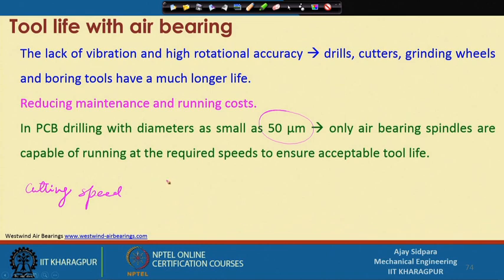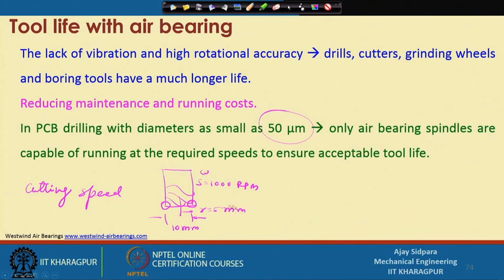Right. So, now consider this is one of the tools, with a diameter of 10 millimeter, rotating at a speed of 1000 rpm. Consider these are the edges. So, the radius r is 5 mm, and this is the omega.